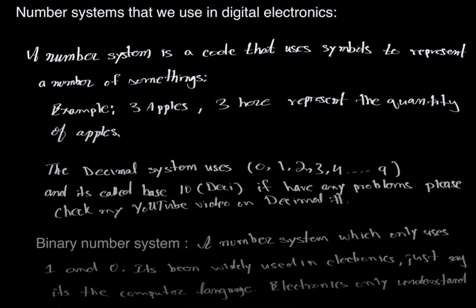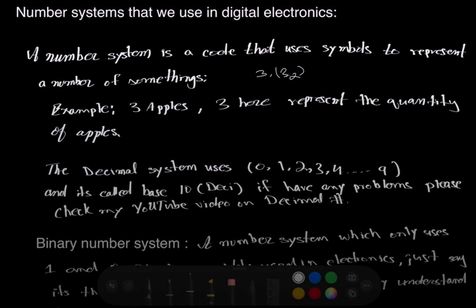For example, 3 as a decimal number, 3 base 2 as a binary number, but that doesn't exist as just a number. Let me correct that mistake right away. Let's say 8 base 8, and for example, say 120, anything that represents a number.